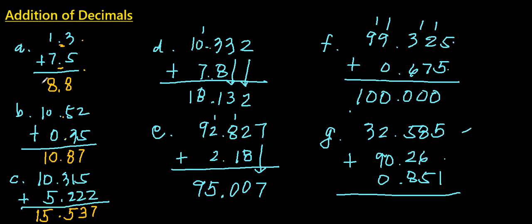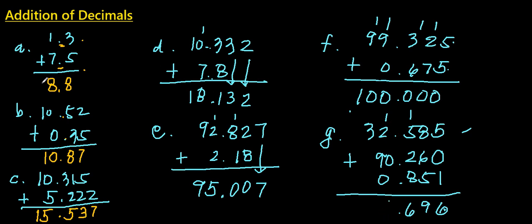As you notice, we don't have a value here, so let's just say this is 0. 5 plus 1 is 6. 8 plus 6 plus 5 is 19. 1 plus 5 plus 2 plus 8 is 16. Carry 1, copy the decimal point.